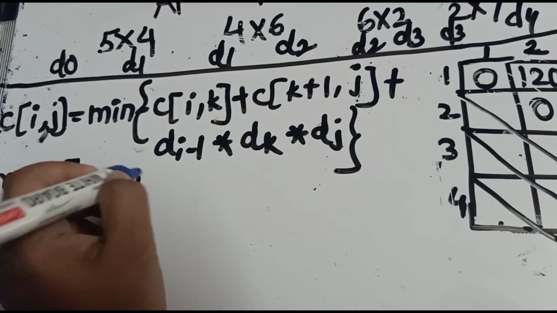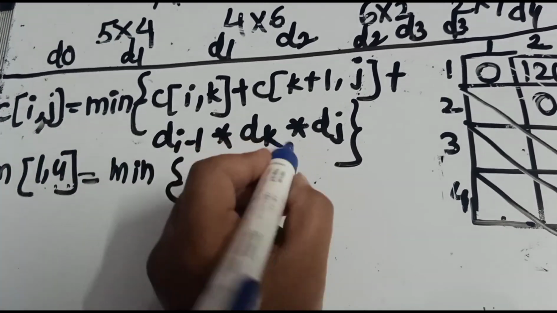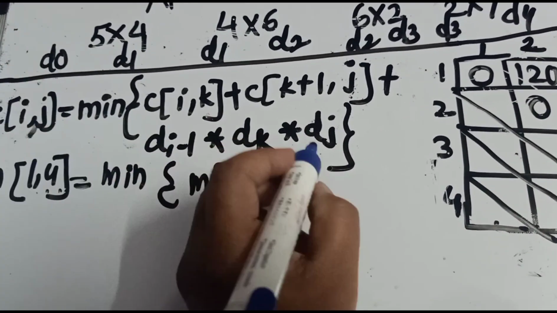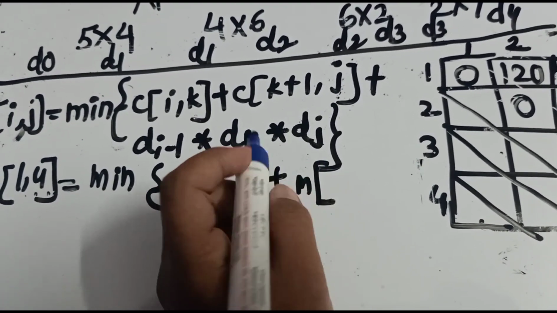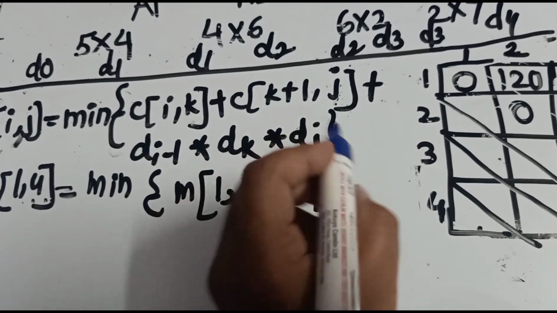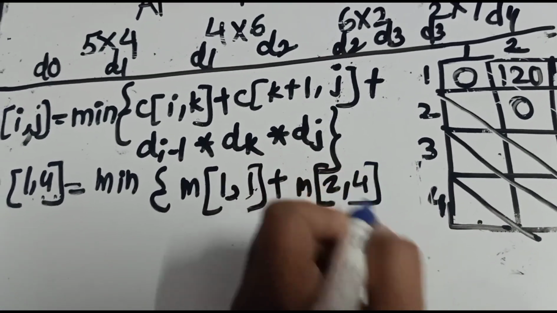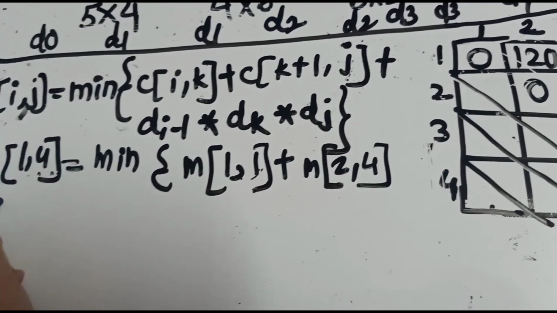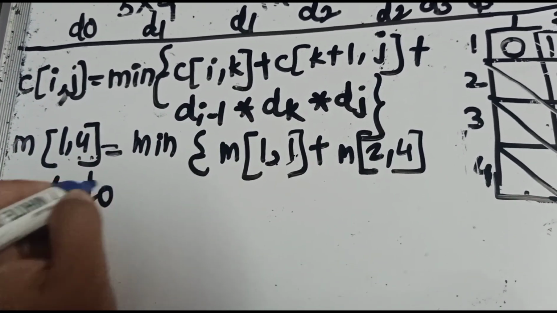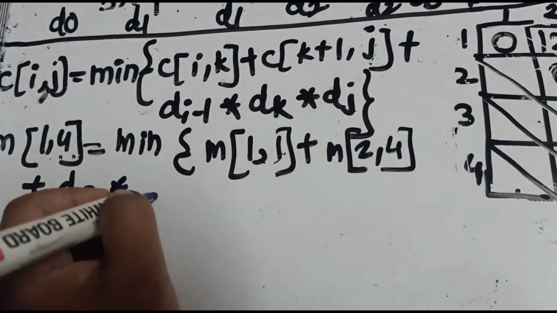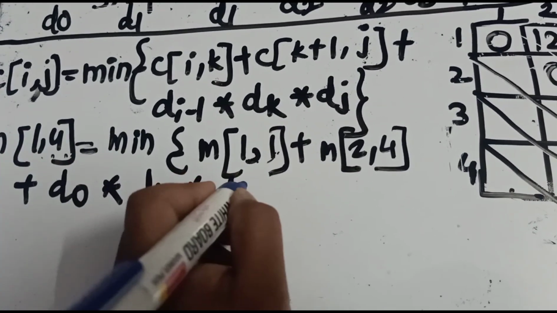This is minimum of M of I, that is 1, comma, at the first instance K is 1, plus M of K plus 1, K is 1 so K plus 1 is 2, comma J is 4, plus D of I minus 1, I is 1 so D of 0, into D of K, K is 1, into D of J, J is 4.